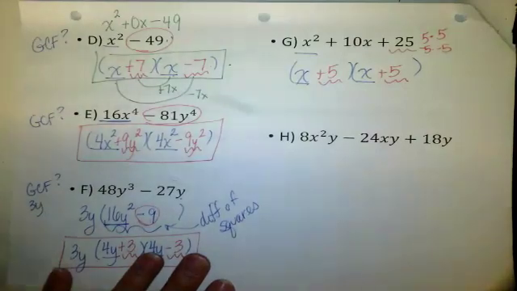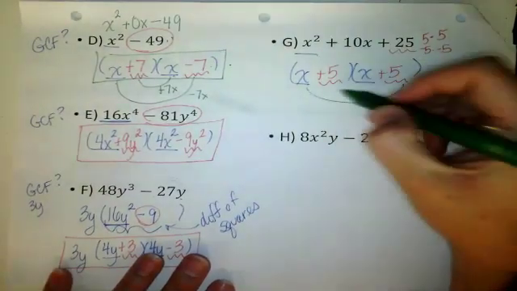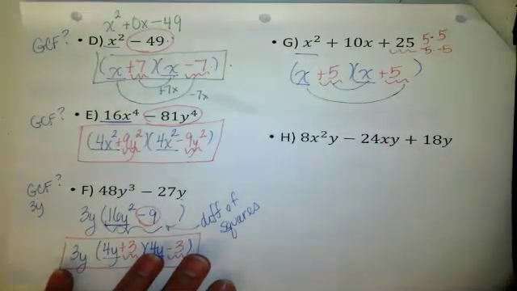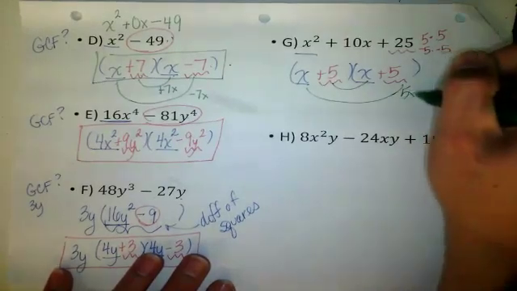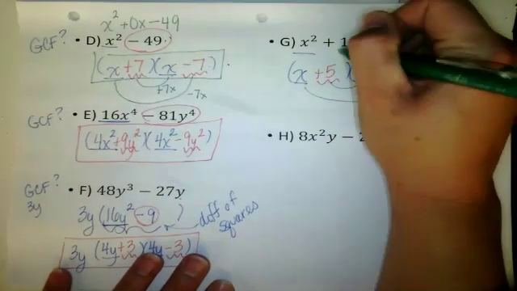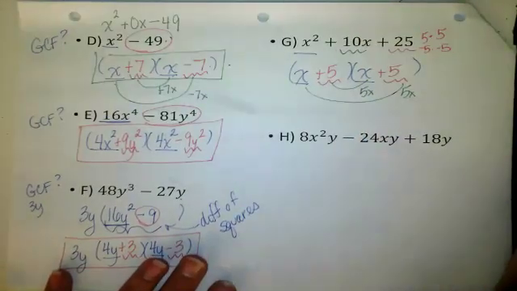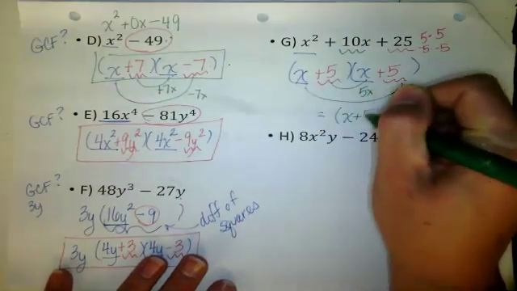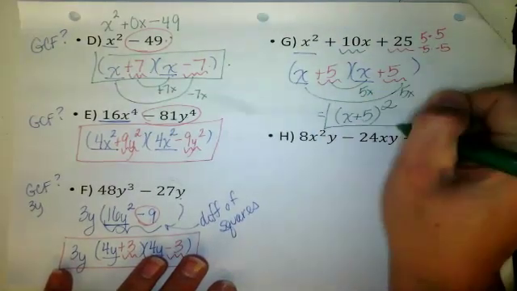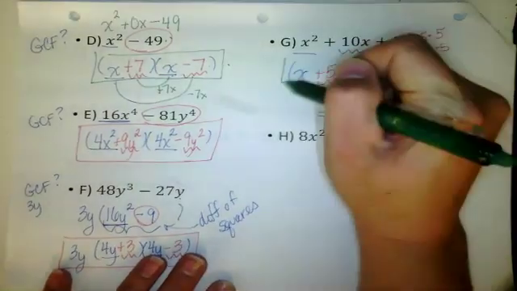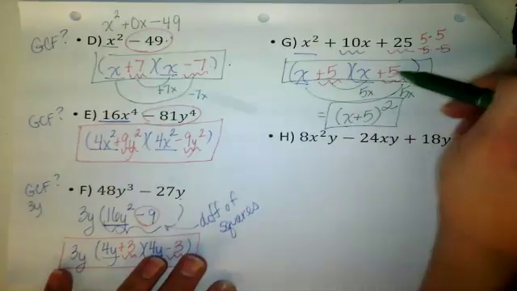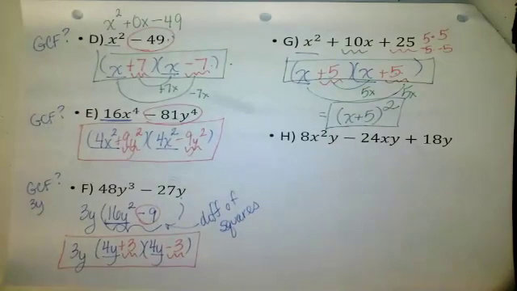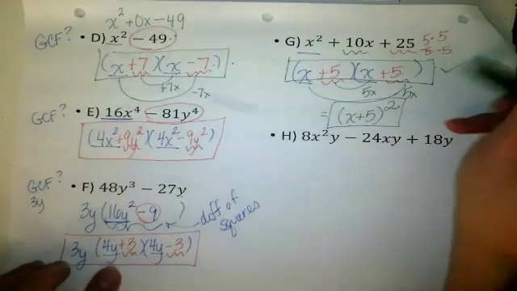Check the rainbow. When you check the rainbow, does the middle term cancel out? No. 5x and 5x gives me that 10x. Is there another way I could write this? X plus 5 quantity squared. Either way works for me. I prefer this way, actually.